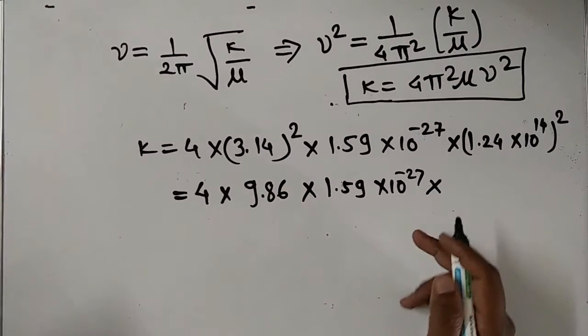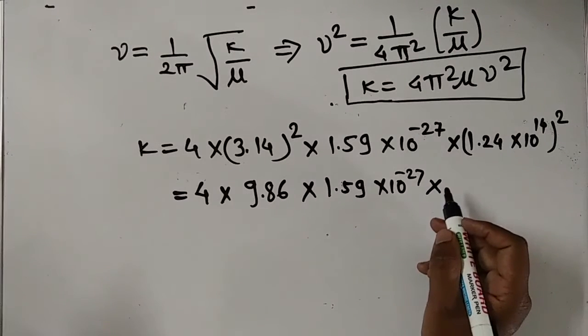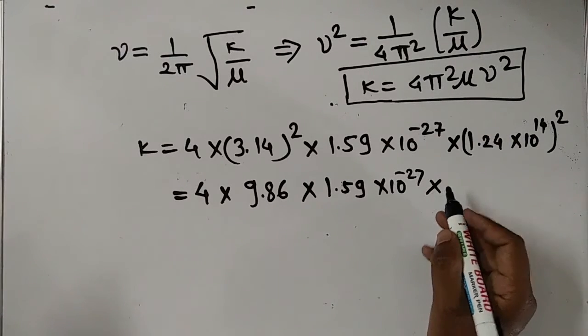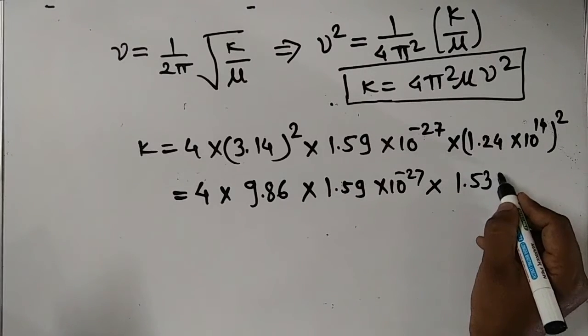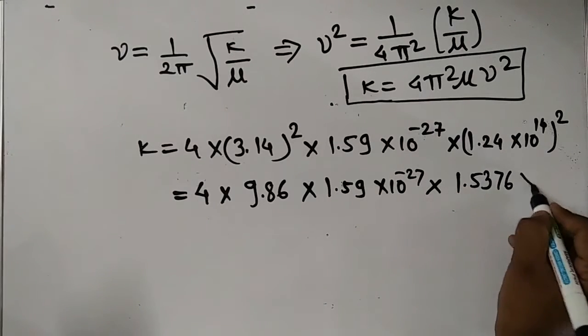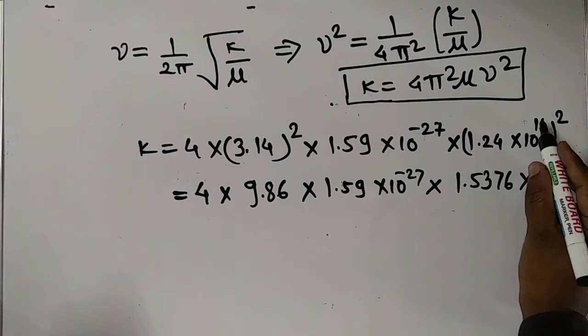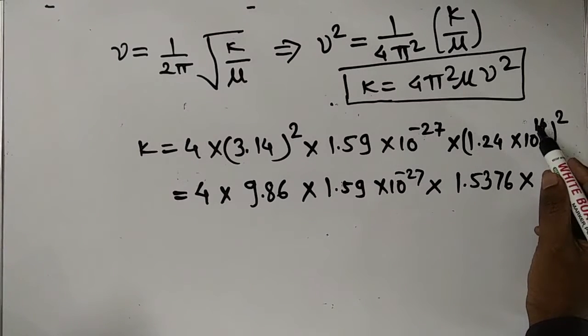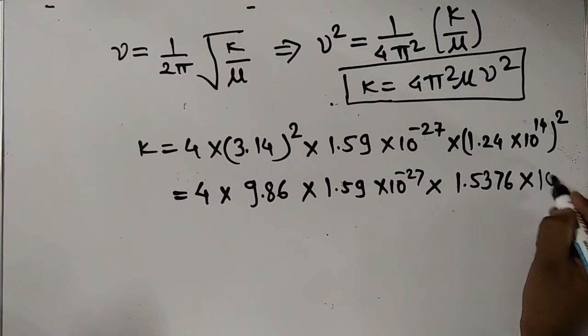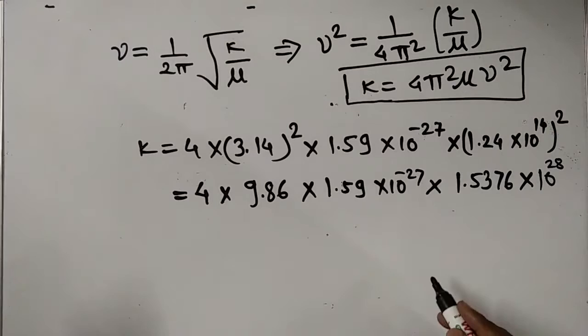So square of this term, that is 1.24 into 1.24, so that comes out to be 1.5376 into, so this term 10 raised to 14, so square of this term is, so we have to do 14 into 2, right. So it is 28, so it is 10 raised to 28, right.